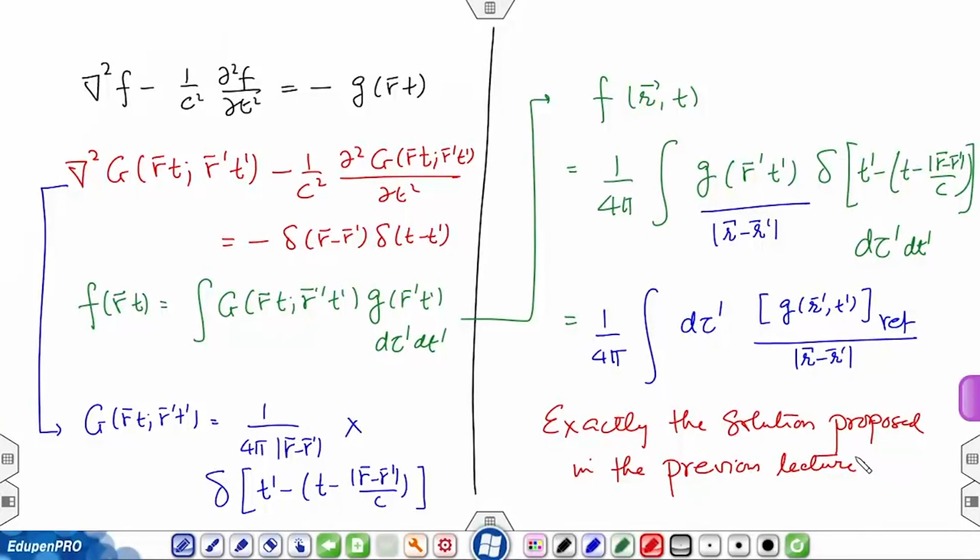So, we have now derived it in a rigorous mathematical manner.